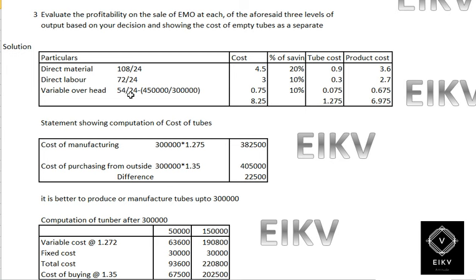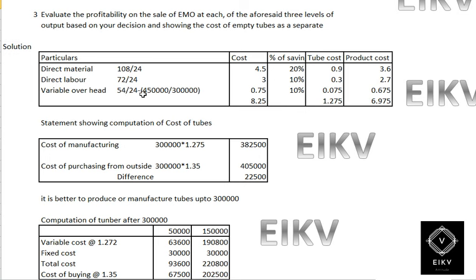Variable overhead: 54 minus 24 divided by 4,50,000 divided by 3 lakh. This is because the total cost, including fixed cost as well as variable cost, is 54.